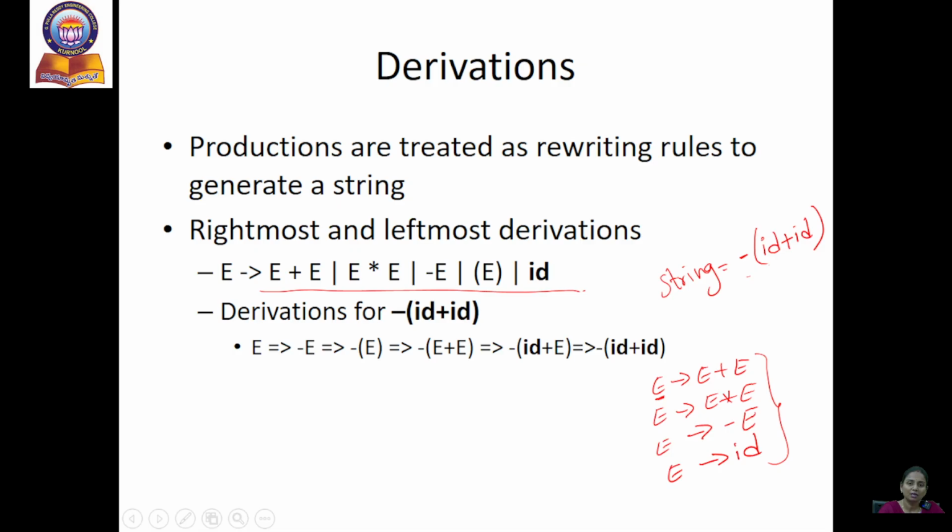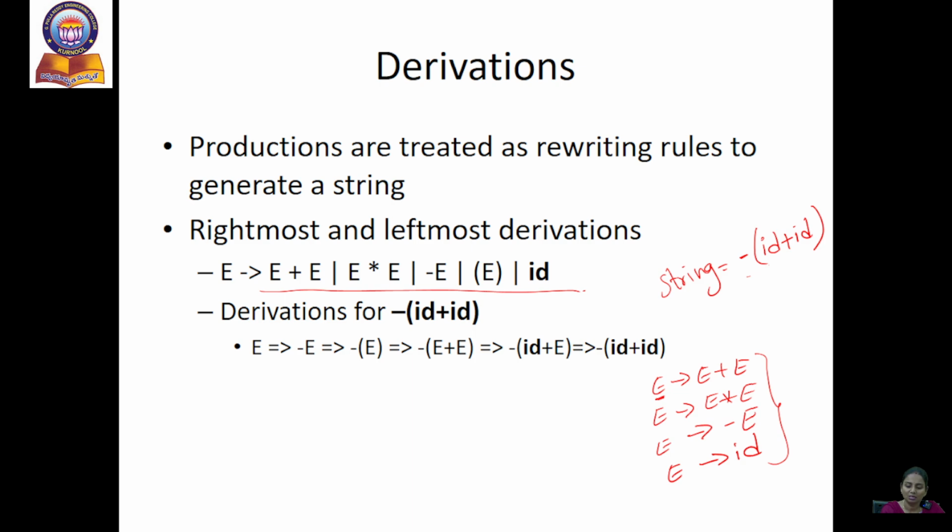This can be done by using either a leftmost derivation or the rightmost derivation. We can form any of these types. Suppose for this we first try to construct a parse tree.